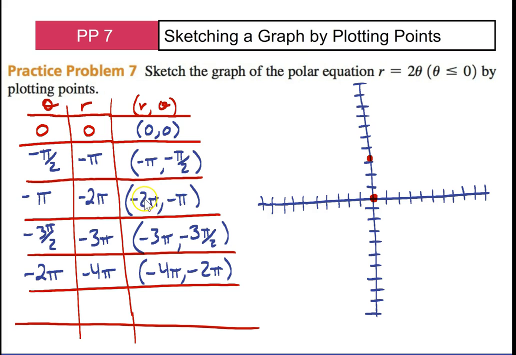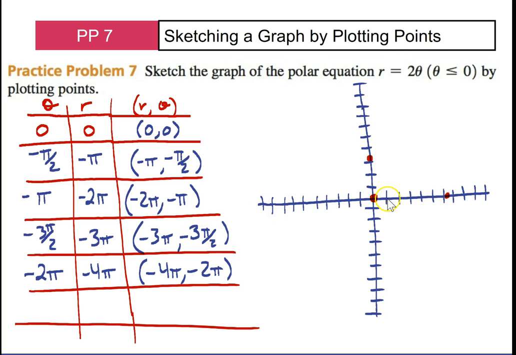Alright, 2 times pi is 3.14 times 2, which is a little bit over 6. So now, again, negative pi makes it over here, but then we're going to go this way, 1, 2, 3, 4, 5, 6, and just a little bit more.